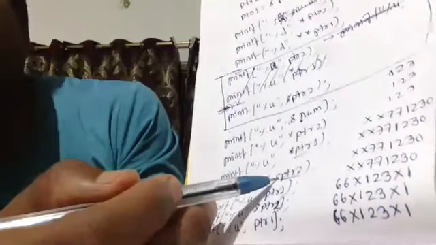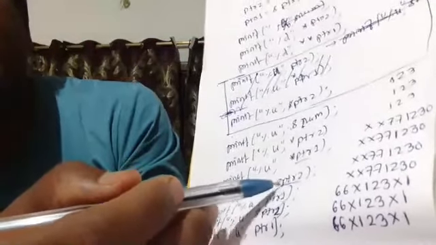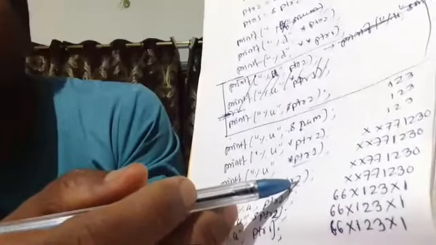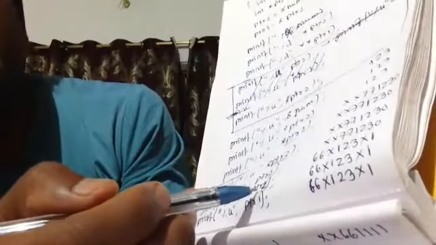Here we have no star. Ampersand ptr2 means address of ptr2. Similarly, ptr1 will give the content of ptr1. What is the content of ptr1? Address of ptr2. Similarly, ampersand ptr2. These both are the same.